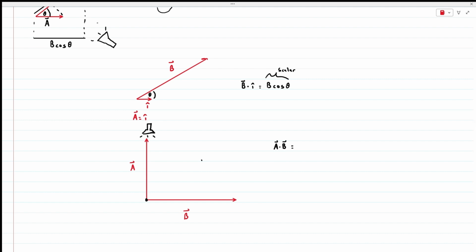And the length of a dot is equal to 0. We scale up 0 by the length of B, it's still 0. So the dot product of perpendicular vectors is equal to 0.